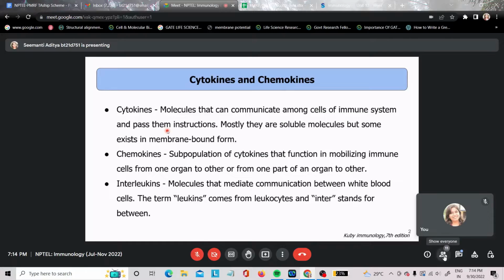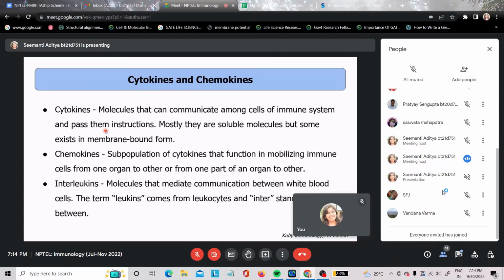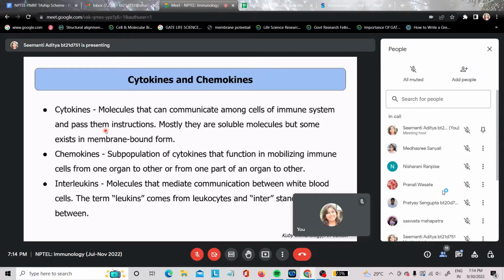It also helps in increasing the amount of cytokine production. The cytokines itself, acting upon different cells, will allow different cells to increase the amount of cytokines produced by them. These molecules are mostly soluble molecules, but some of them can exist as membrane bound forms. Soluble molecules, we have been talking about the complement proteins, right, in the last class.